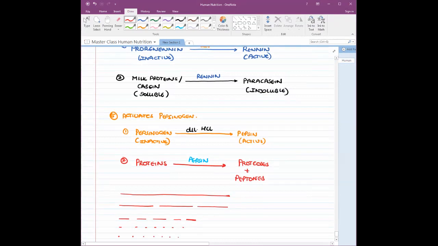This is how that entire progression goes. So: protein, proteoses and peptones, then polypeptides, then dipeptides, and finally amino acids. This is the entire process we need to capture, guys. Everybody getting this? Sure, no problem, guys.